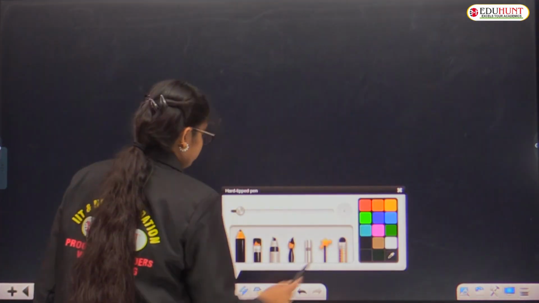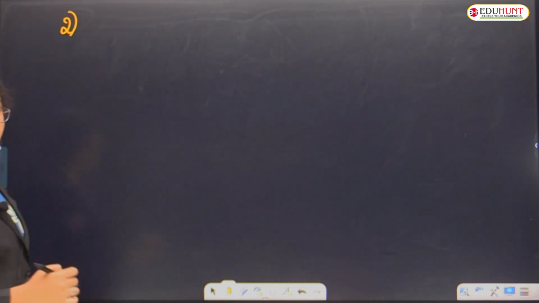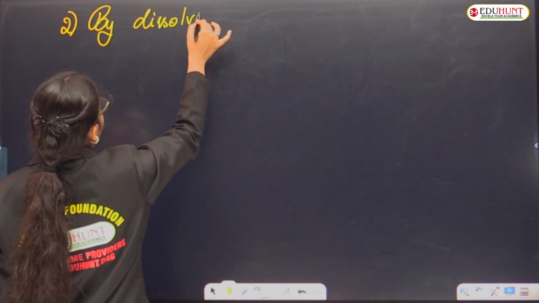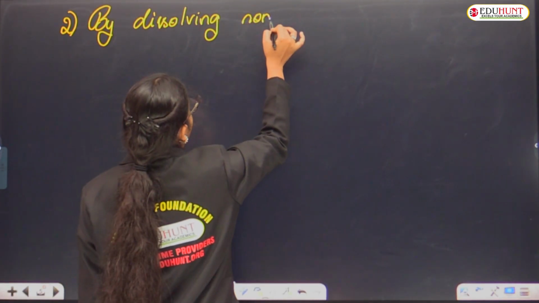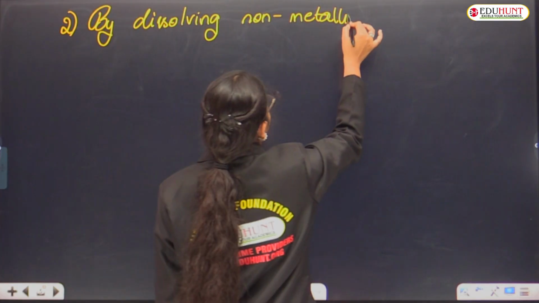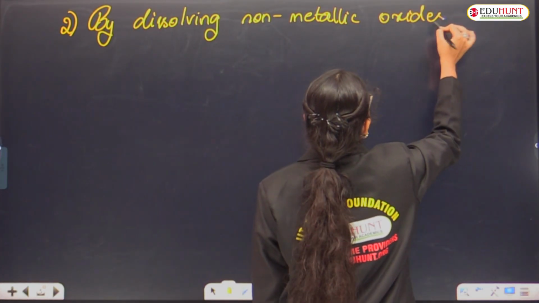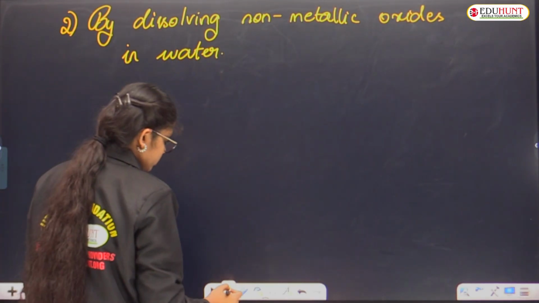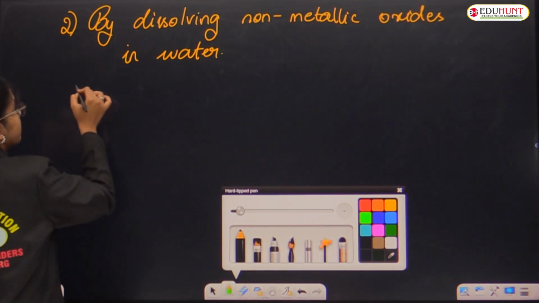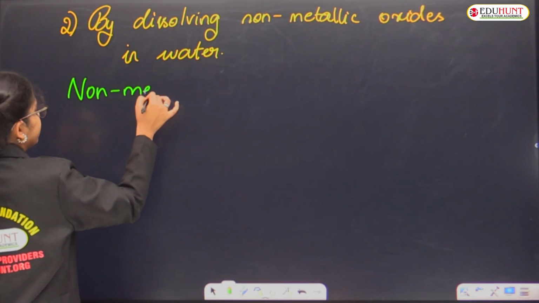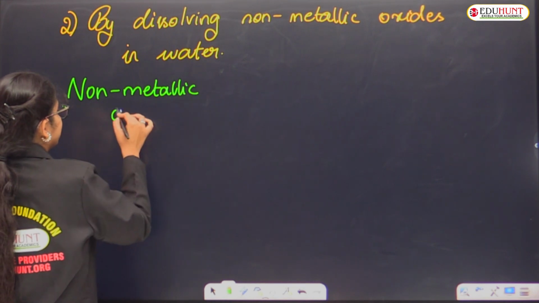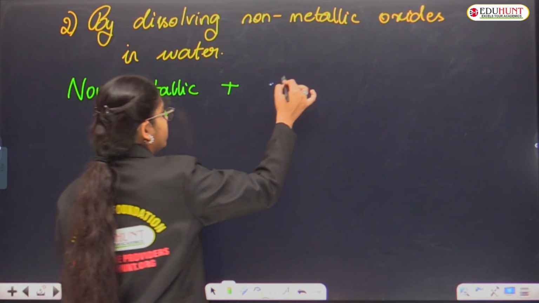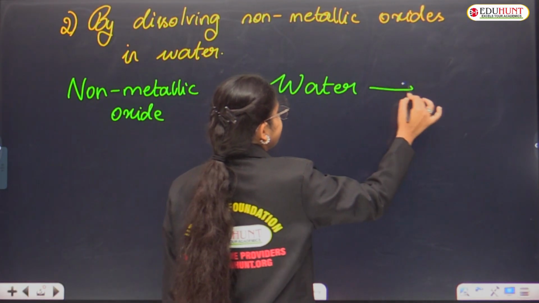By dissolving non-metallic oxides in water. The reaction goes like this: when a non-metallic oxide reacts with water, it gives rise to acid directly.